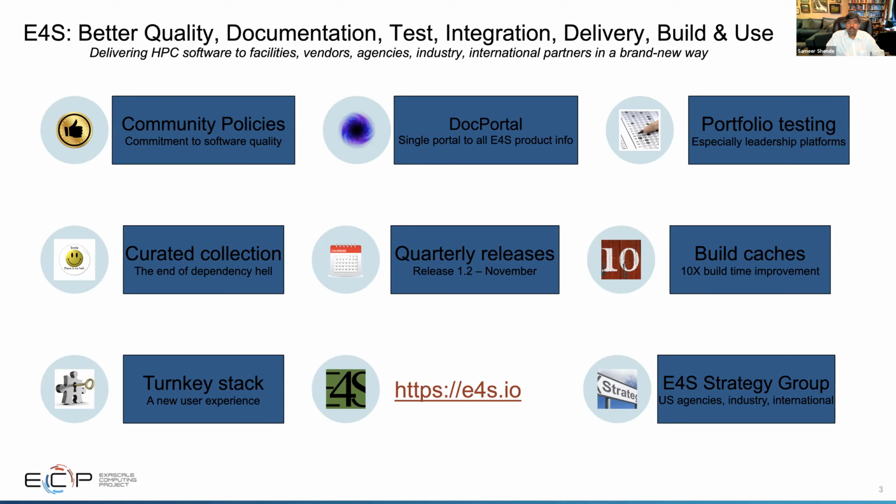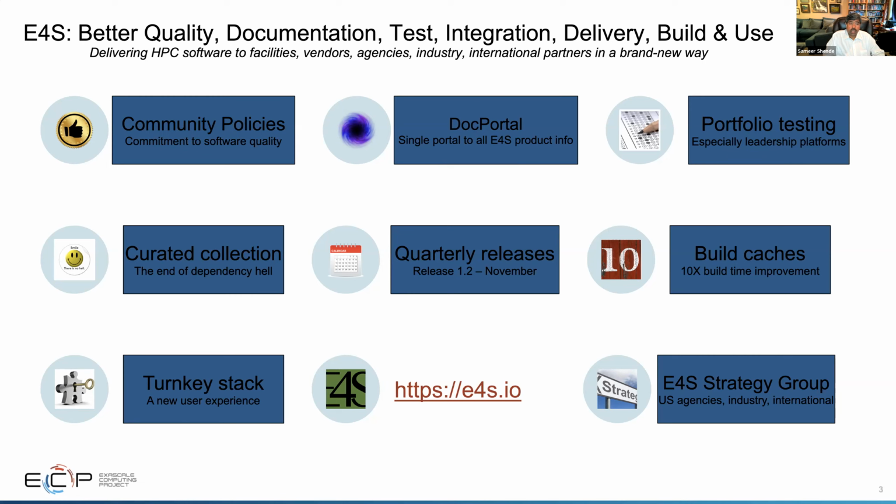We have quarterly releases. We just had a 2021.02 release, and also build caches. Build caches allow you to install the packages in a binary form, and you can develop these software stacks based on an installation on an HPC system with bare metal install, or you can use the build caches to create custom containers as well.